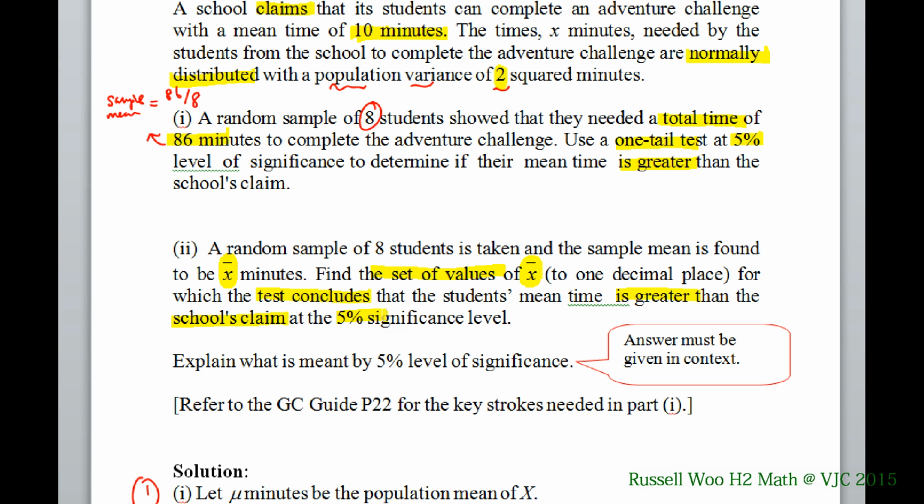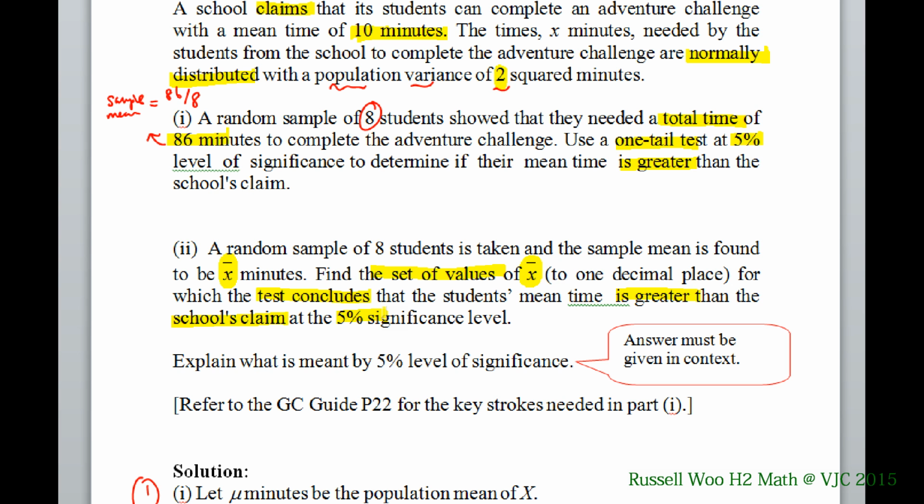This is interesting. The question tells us the conclusion. You're supposed to answer the question and say, what kind of sample mean will you arrive at this conclusion? So it's the questioning in another way.